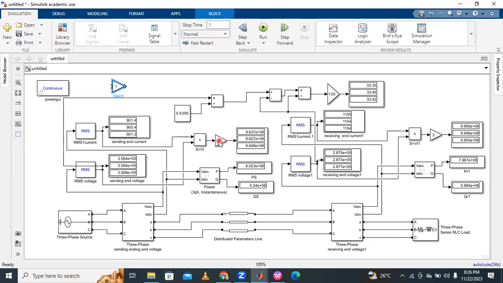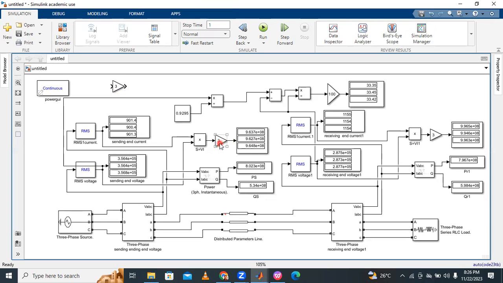After compiling and running, you will get the apparent power here. So this is about the sending end side: measurement of voltage, current, active power, reactive power, and apparent power.